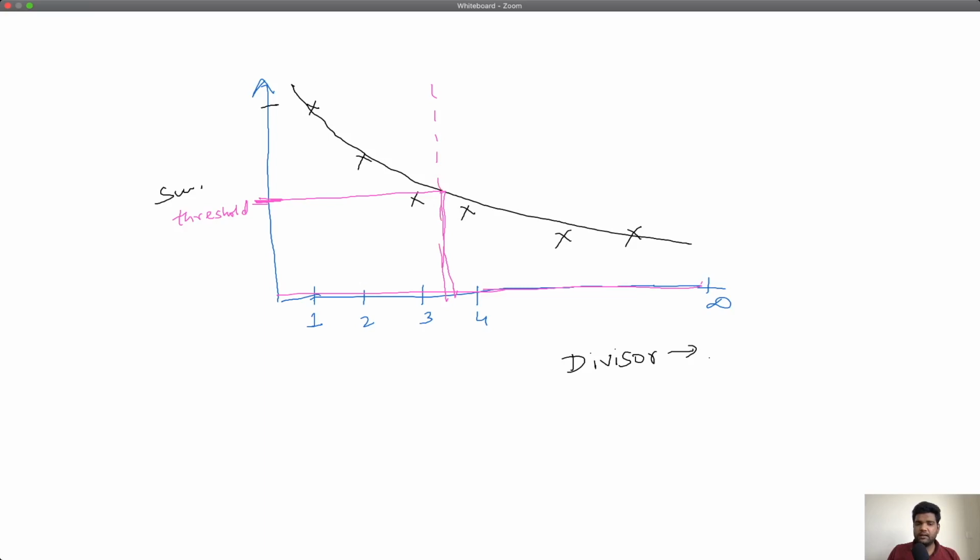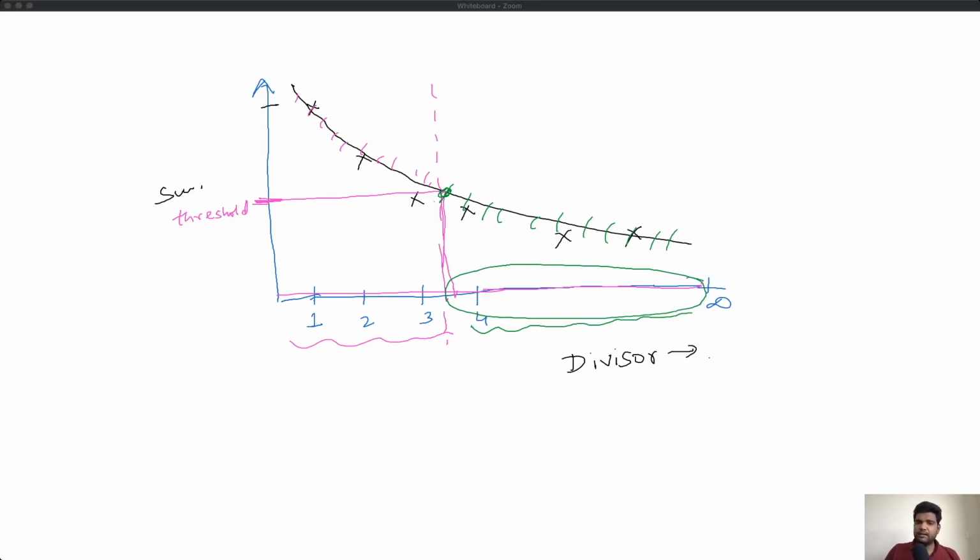This part of the divisor space gives you sums which are greater than the threshold. And this green part of the divisor space gives you sums which are smaller than or equal to the threshold. So these are all the divisors which give you a sum less than or equal to the threshold, and this pink oval are all the divisors which give you a sum greater than the threshold.